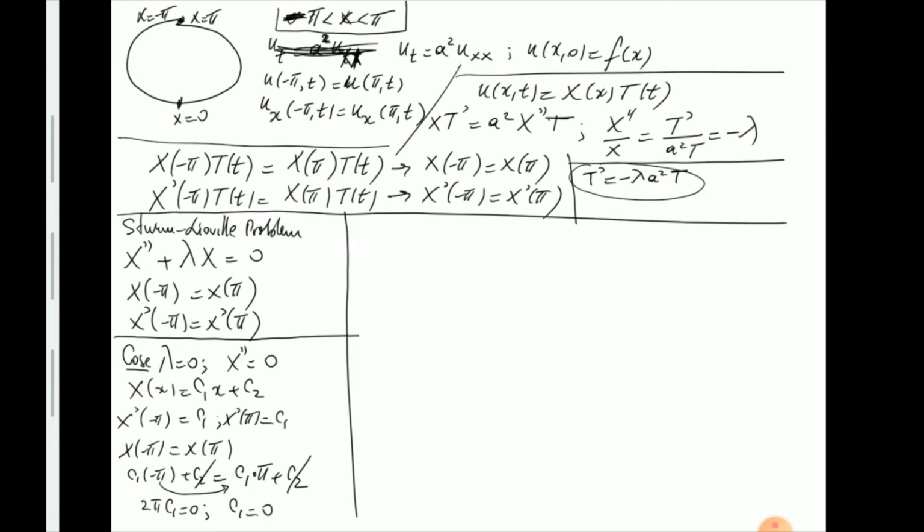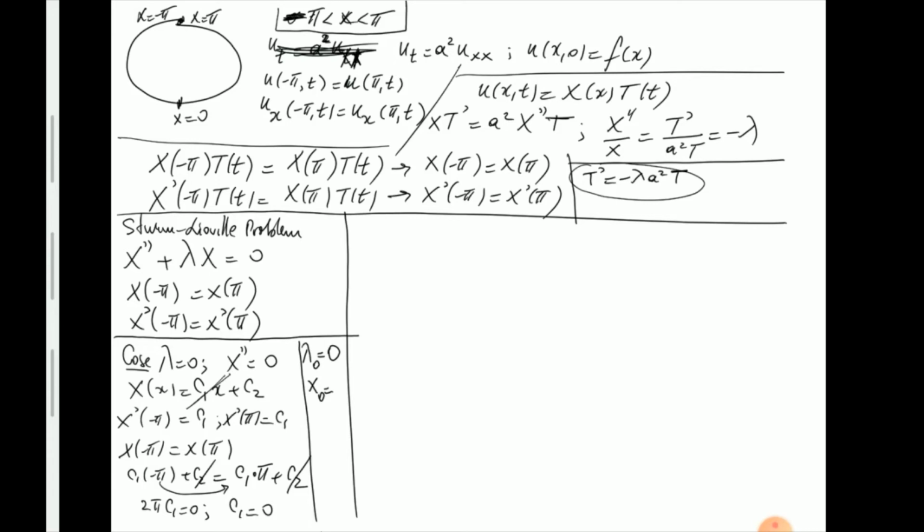So in the case lambda is equal to 0, and I think I'm going to write it here in this corner, we have an eigenvalue, right? So we can call the eigenvalue lambda naught. So lambda naught is 0. And the corresponding eigenfunction, which I can call X naught, is actually c2. If I show that c1 is equal to 0, that means big X is going to be c2.